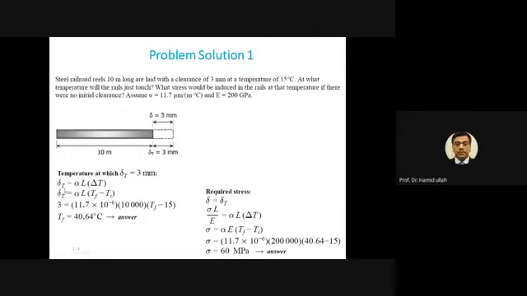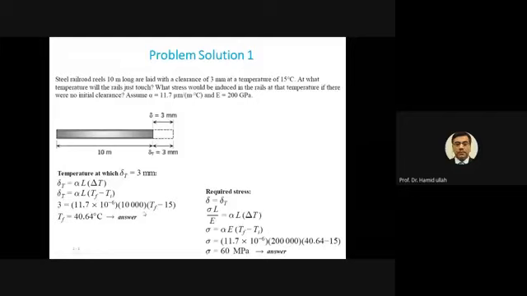And the formula I have already shown in the previous slide, alpha L del T, and then the final temperature. So this is the final temperature, this is required. Initially it's given 15, you can see this is the 15. And this is the gap, the thermal elongation. So one equation, one unknown. What is that unknown? That is the final temperature.